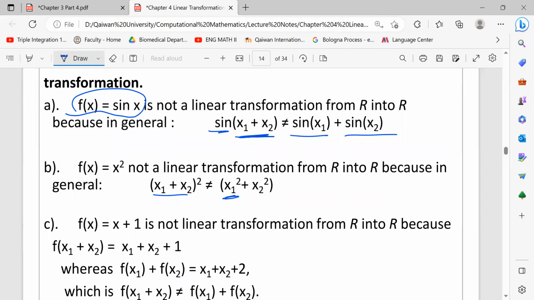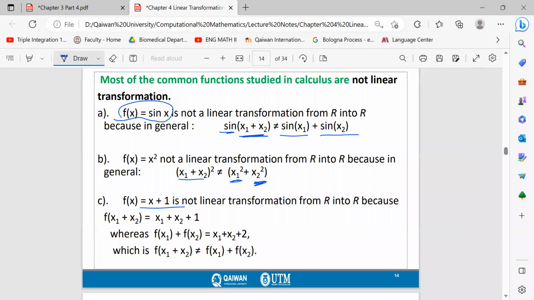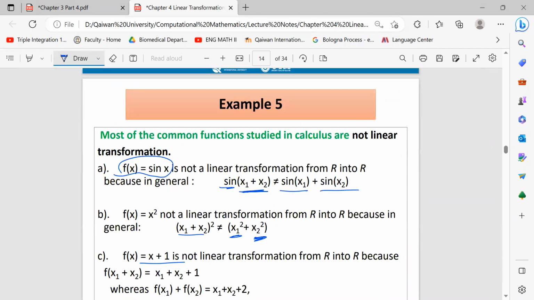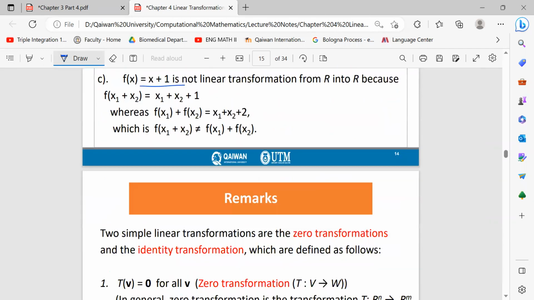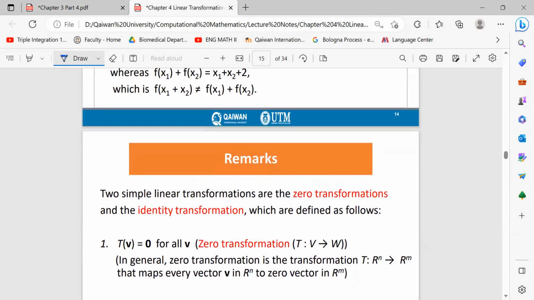But f of x1 is x1 squared, and f of x2 is x2 squared. Based on this definition, these two are not equal. So even this one is not a linear transformation. Here are some examples in calculus which are not linear transformations because they don't satisfy the conditions of linear transformation.